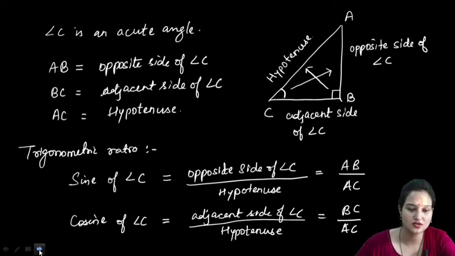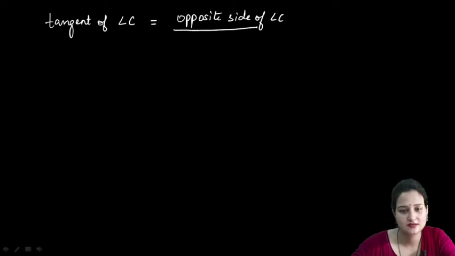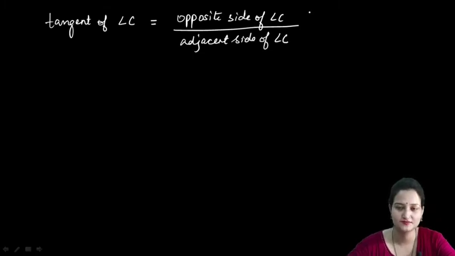Now for the third trigonometric ratio, that is tangent of angle C. It will be opposite side of angle C upon adjacent side of angle C, which will be AB upon BC.